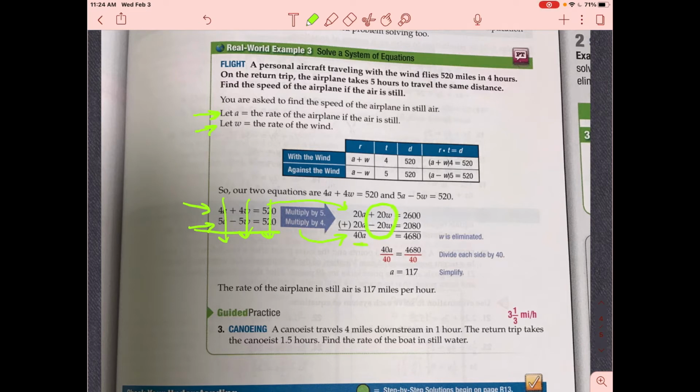So we end up with 40a equals 4,680, and we can finish solving. We have found out that the rate of the airplane in still air is 117 miles per hour. And that's actually what the question asked for up here. If the question went on to ask us for the rate of the wind, we could solve for that as well.